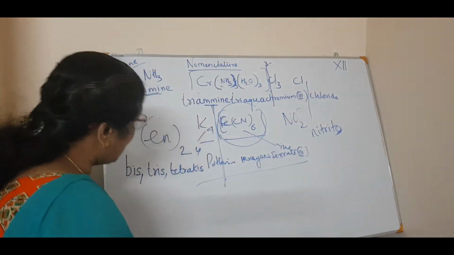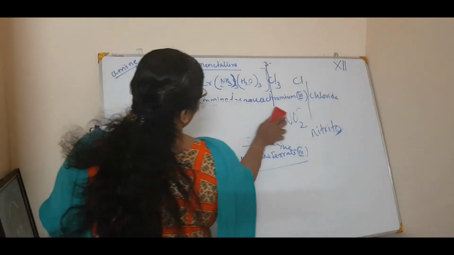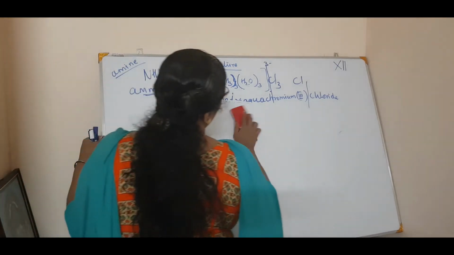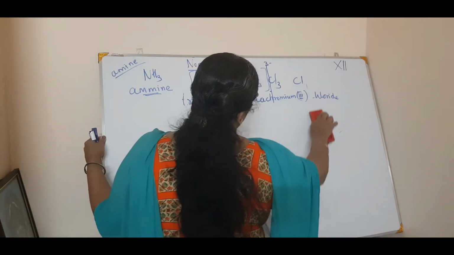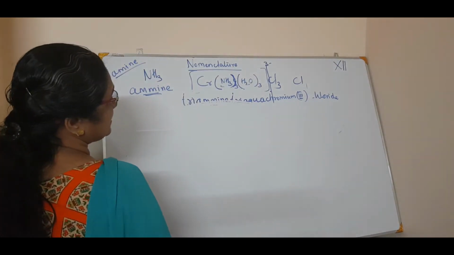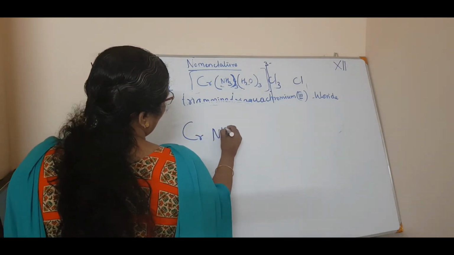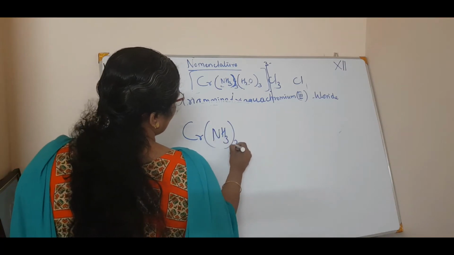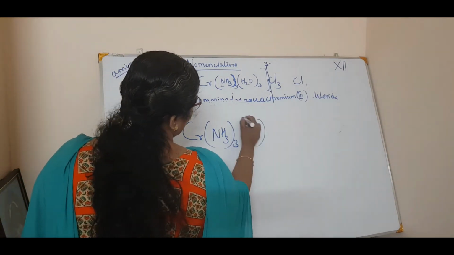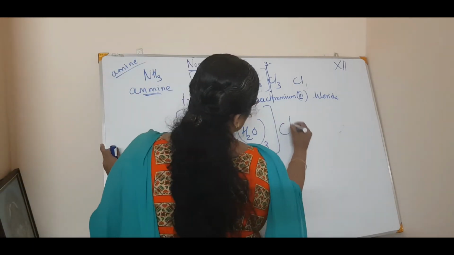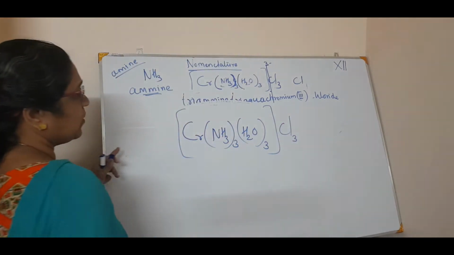Now we will see how we got 3. Very important, just listen carefully. Once more I will write Cr, NH3 thrice, H2O thrice, then the whole bracket coordination entity, Cl3. The counter ion is chloride.